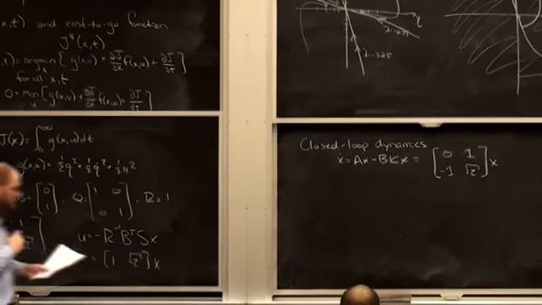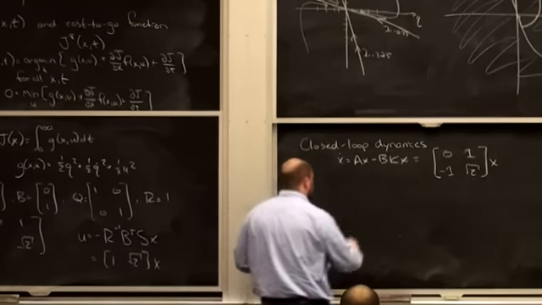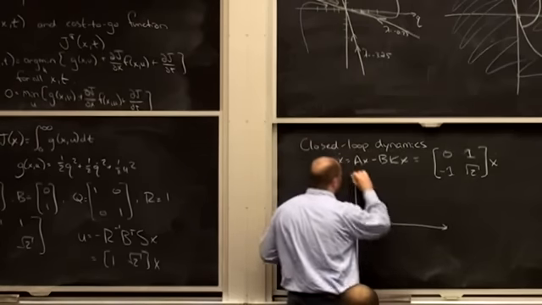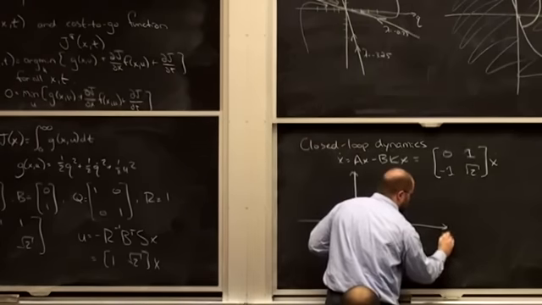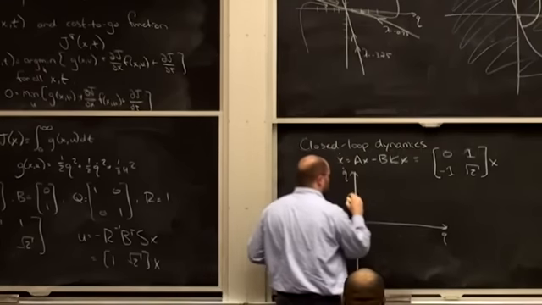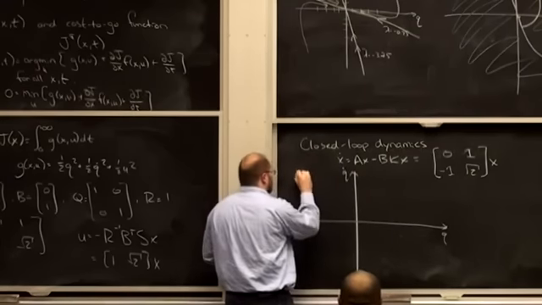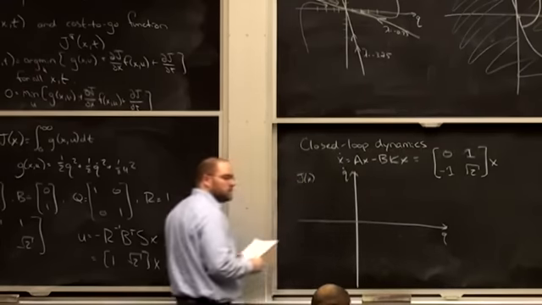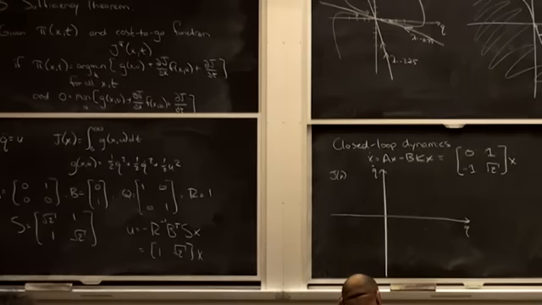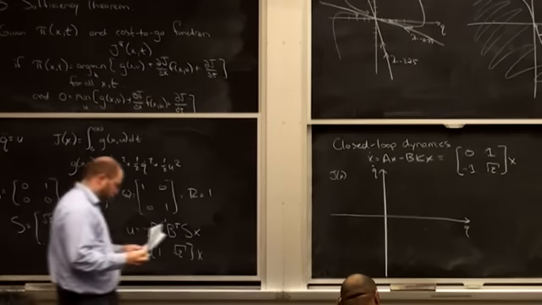Now I'm going to plot 2 things here. First thing I'm going to plot is J(x). J(x) is x transpose S x, with S being [square root of 2, 1; 1, square root of 2].